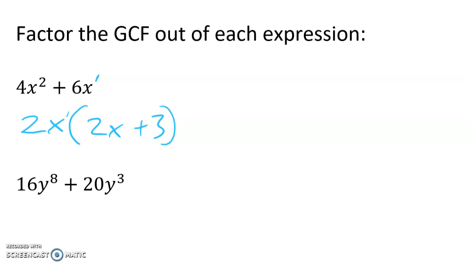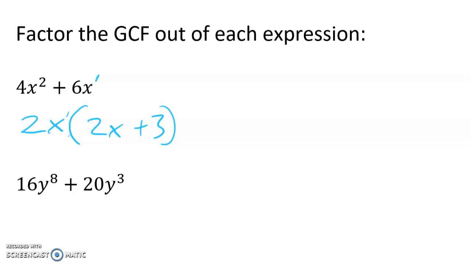So you can see I've gone backwards essentially. We usually multiply and distribute something like 2x into a group. But here I've taken a factor of 2x and I've factored it out of this group.